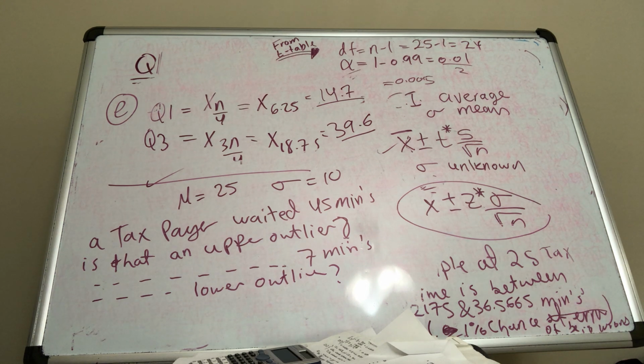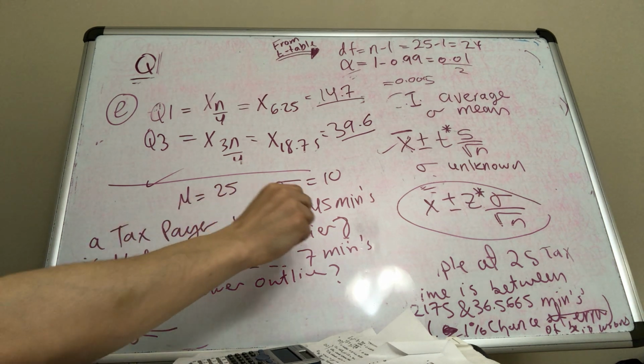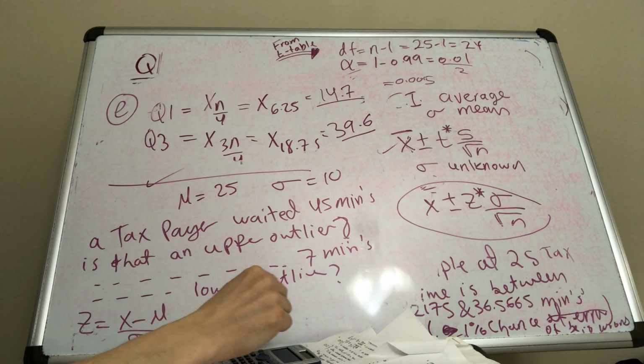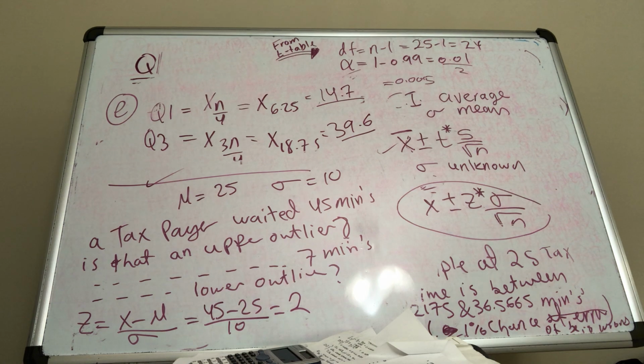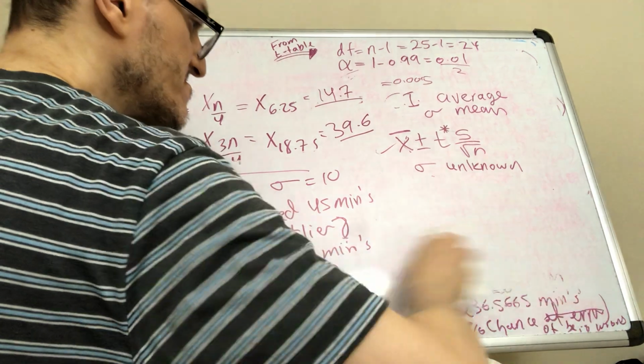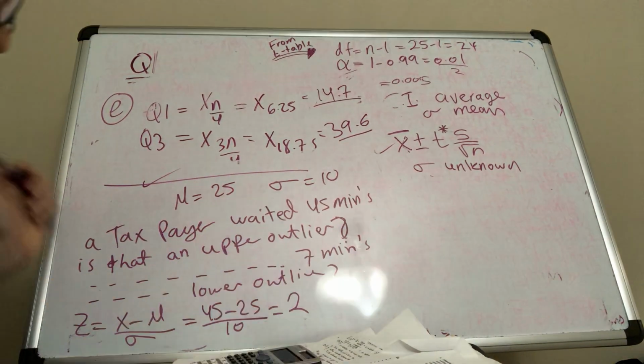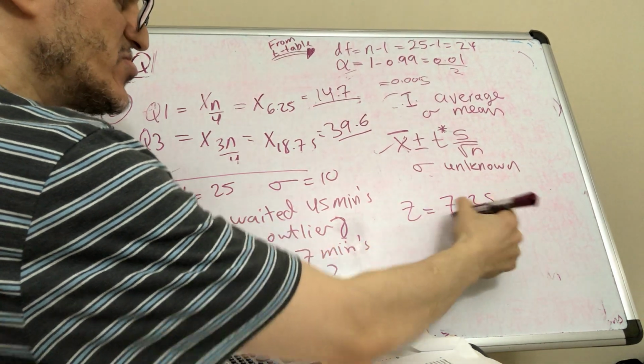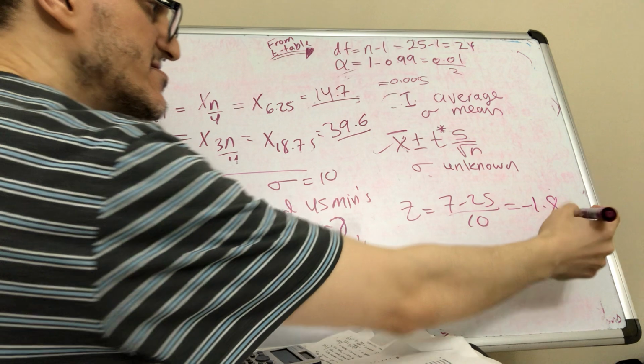Instead of doing the IQR and all of this, if you're given a number to test for outlier, do it this way. Find Z equals x minus mu over sigma. So for example, for 45, minus 25 over 10, that gives you 2. And do it also for the other one. For the 7, minus 25 over 10, that gives minus 1.8.